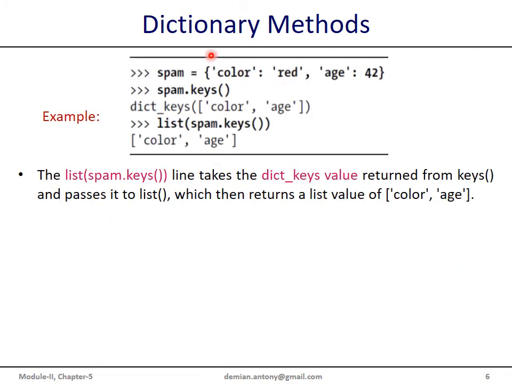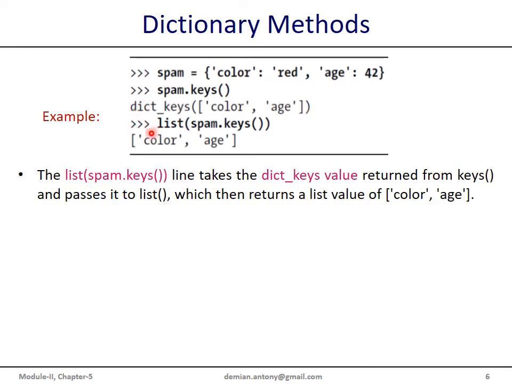We have the dictionary spam with two elements, and if you access the keys of the dictionary with the keys method, this will return a list like structure with the name dict_keys containing these two keys. Remember, this list like structure is read only. We cannot modify this list like structure by adding, inserting or appending new elements.